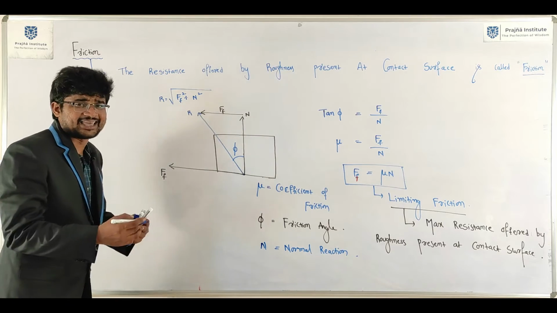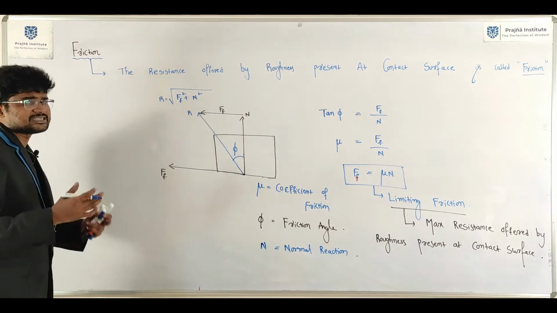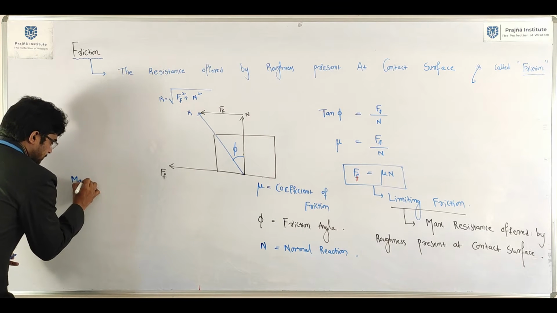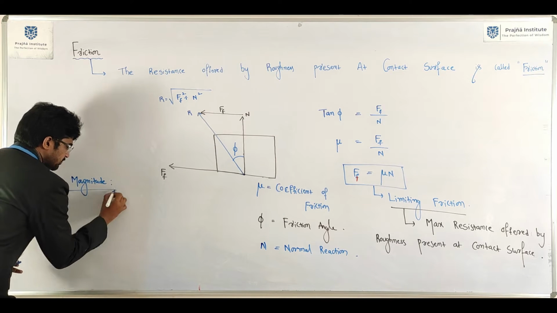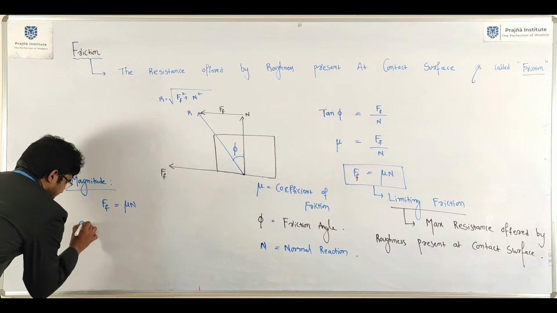Frictional force is a vector, of course. What is the magnitude of the frictional force? The magnitude of the frictional force is equivalent to mu N. What is the direction?